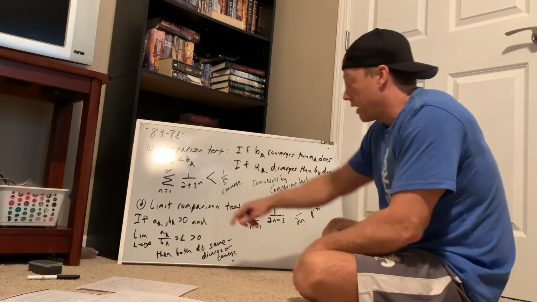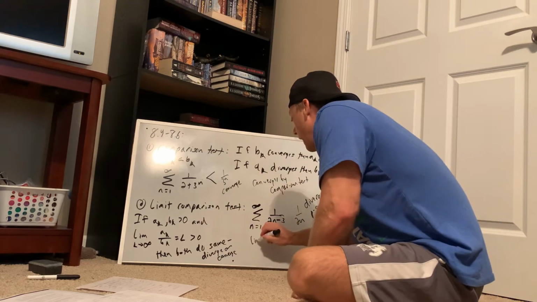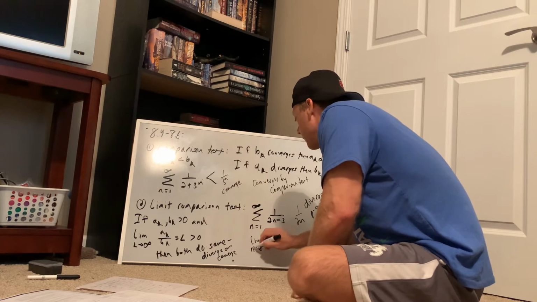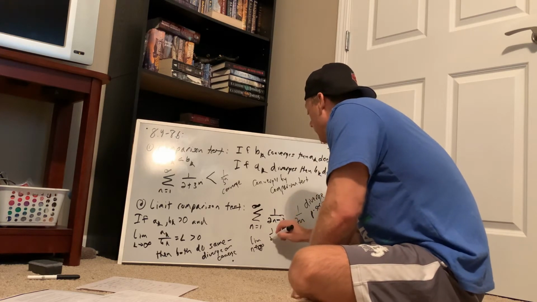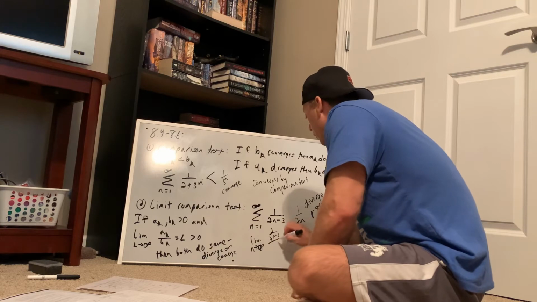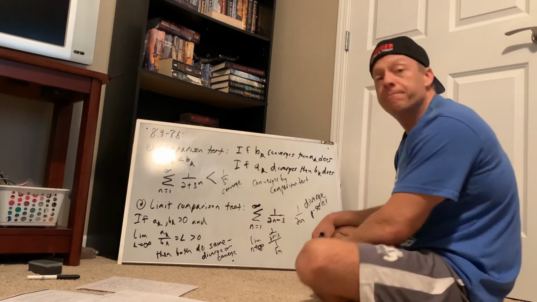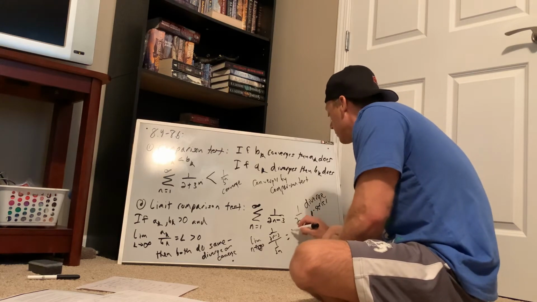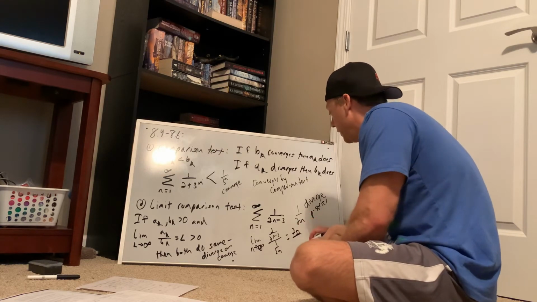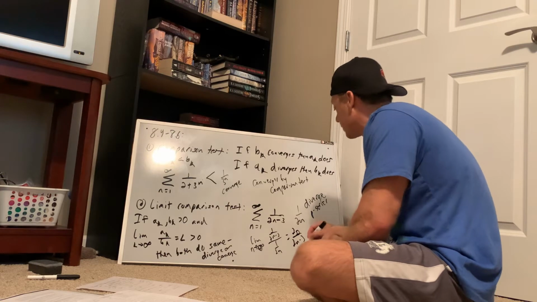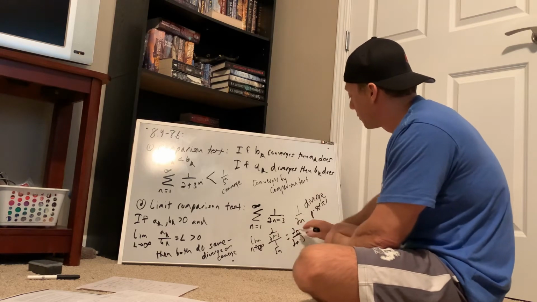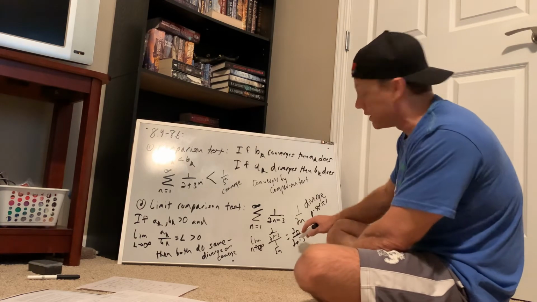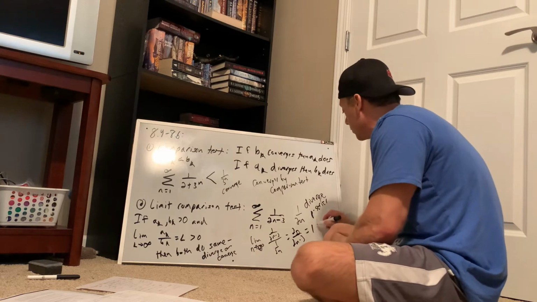So I know this is the case. So what I do is I just need to look at the limit as n approaches infinity of this guy over this guy. When you divide by a fraction, you invert and multiply. So it's going to be 2n over 2n minus 3. This limit as n approaches infinity, because my degrees are the same, is the ratio of the lead coefficients, which is 1.